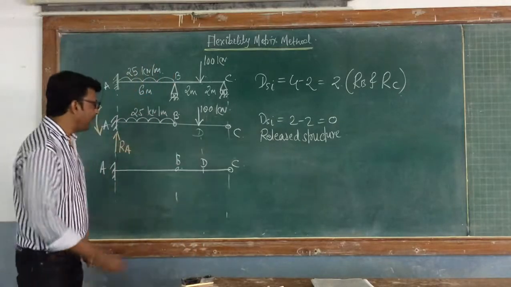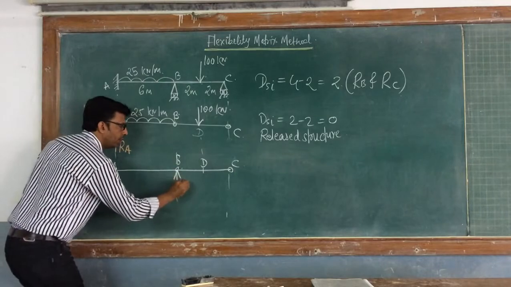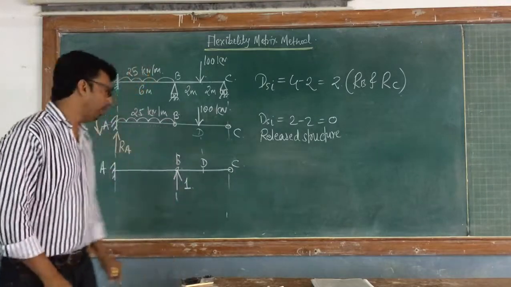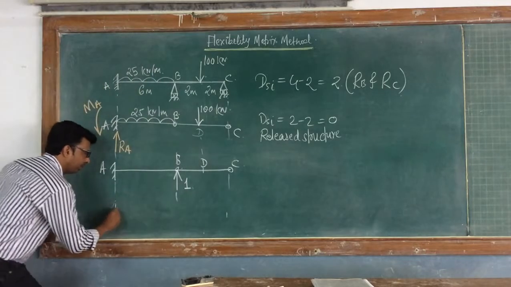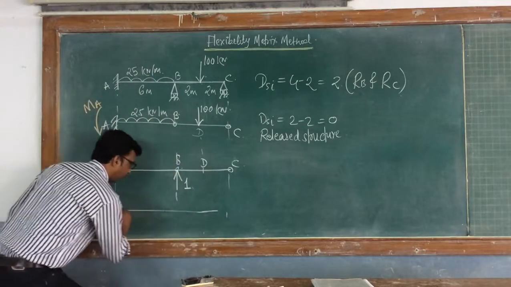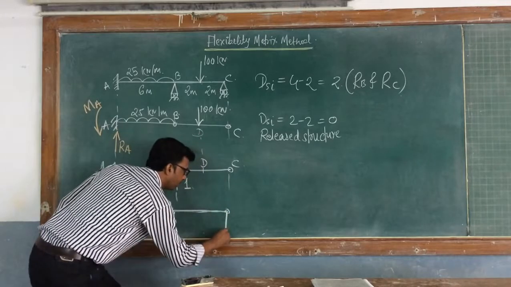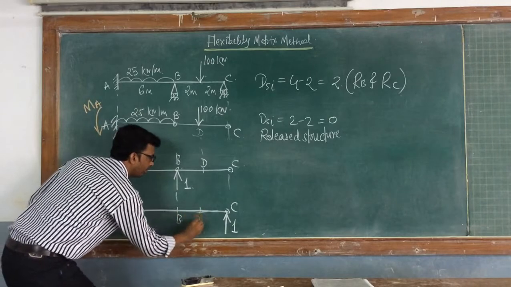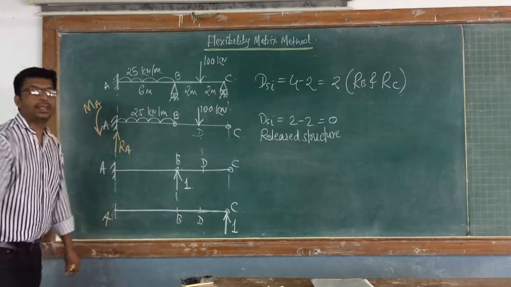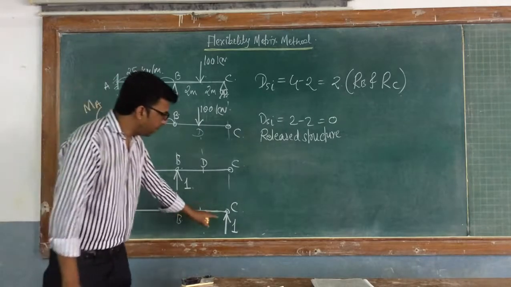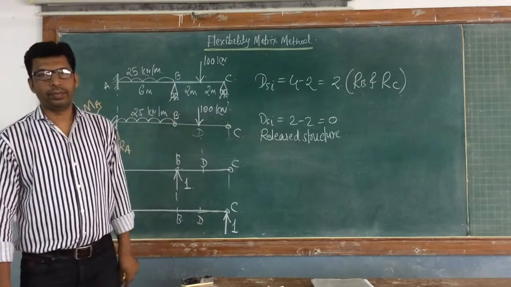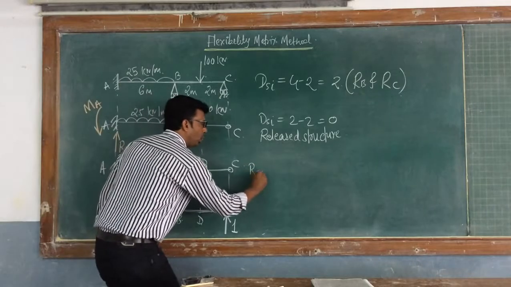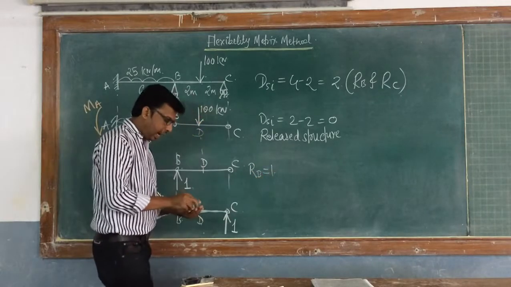Apply unit load at point B, and the second figure will be applying unit load at point C. So these 2 figures, first is RB equal to 1, then RC equal to 1.